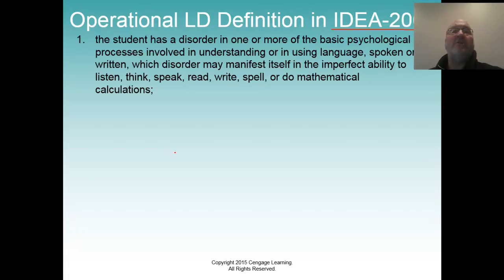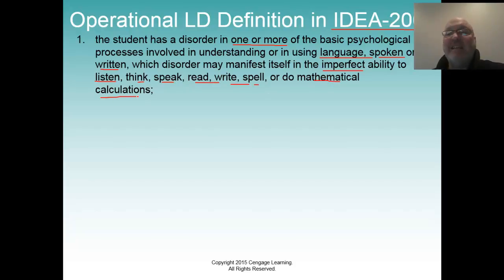Student has a disorder in one or more of the basic psychological processes involved in understanding and using language, spoken or written, which disorder may manifest itself as imperfect ability, and here's a word that we had to know when I studied this, imperfect ability to listen, think, speak, read, write, spell, or do math calculations.